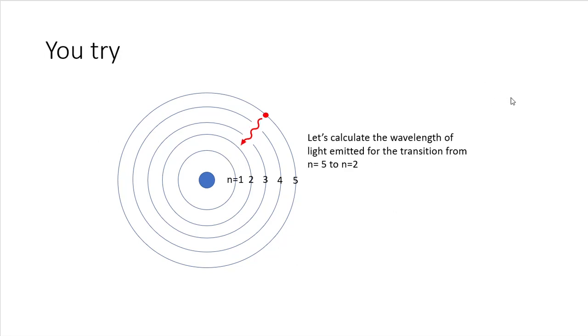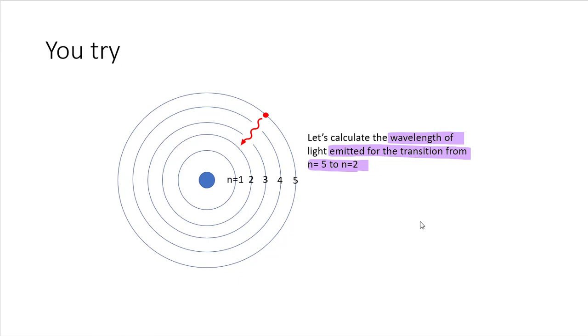So now, I want you to try. What I would do if I were you right now is pause the video and actually try to solve this problem on your own. I'm going to just keep going, but we're going to calculate the wavelength of light that is emitted when an electron falls from n equals 5 to n equals 2.